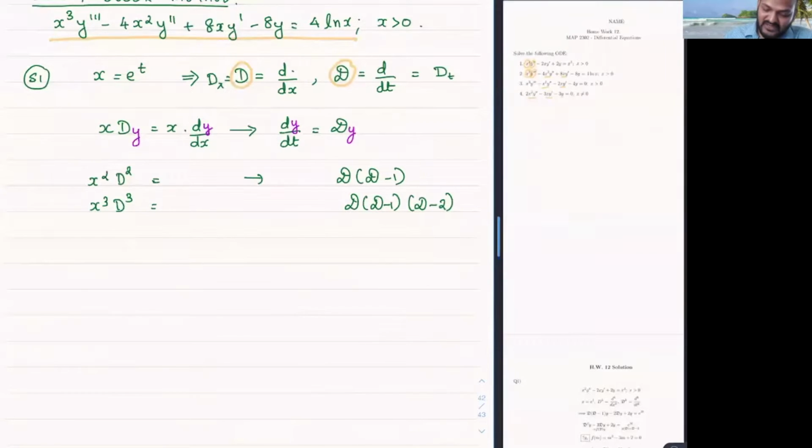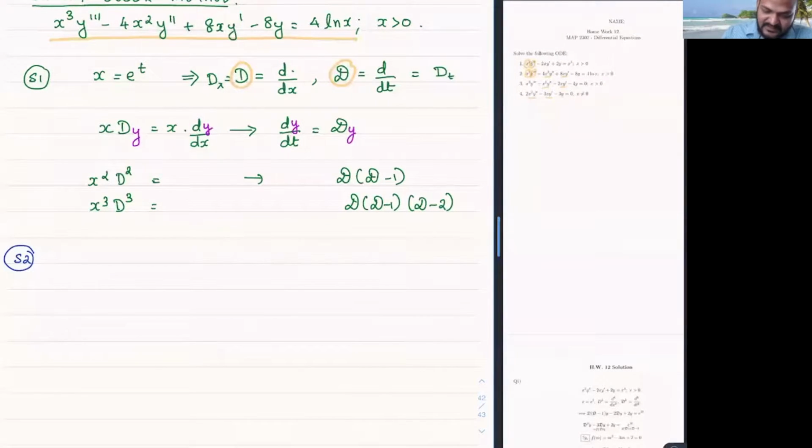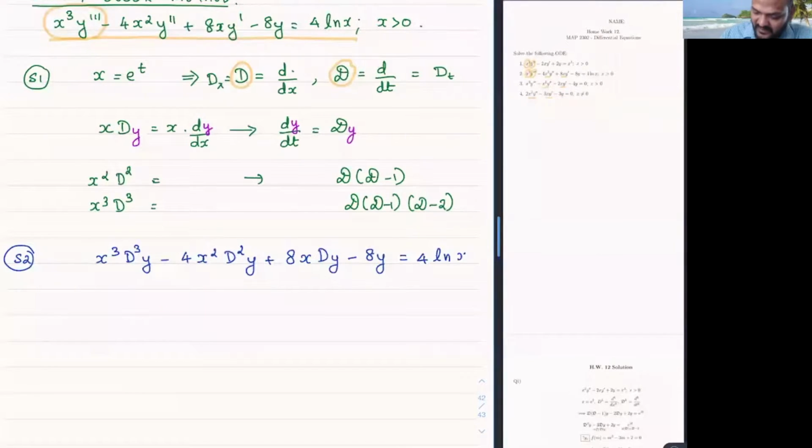When I do that, ladies and gentlemen, let me rewrite this in the operator form. So you have x cubed d cubed y minus 4 times x squared d squared y plus 8 times x dy minus 8y is equal to 4 times the ln of x.